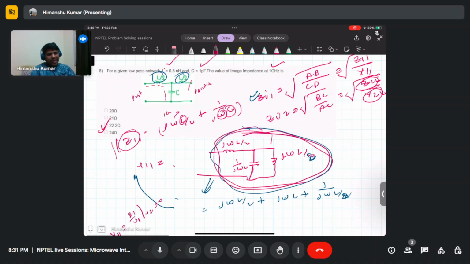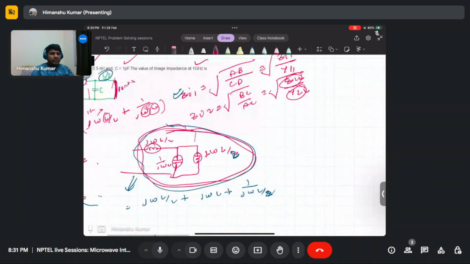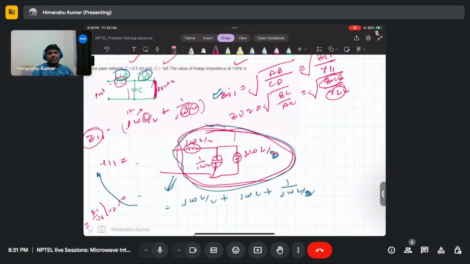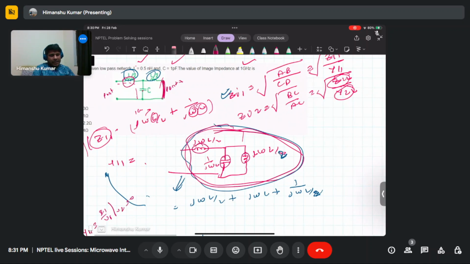To calculate Y11, you need to short circuit port 2. Then this inductance and this capacitance will become in parallel and in series with this inductance. So you need to calculate the equivalent admittance of this network to get Y11. Is that clear?